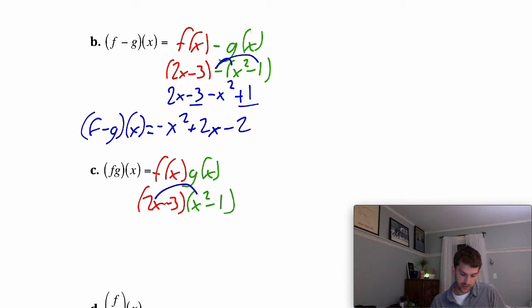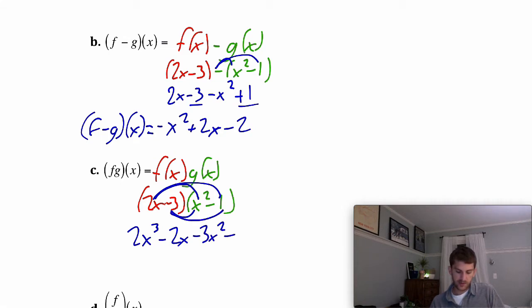So 2x times x squared gives us 2x to the third. 2x times negative 1 gives us negative 2x. Negative 3 times x squared is negative 3x squared. And negative 3 times negative 1 gives us positive 3. So we have to do every term in one group times every term in the next.